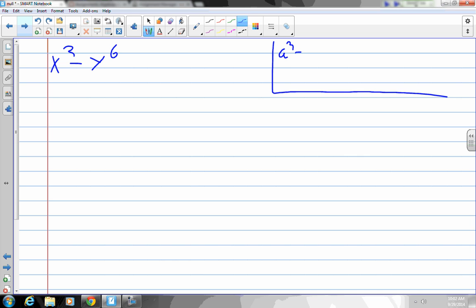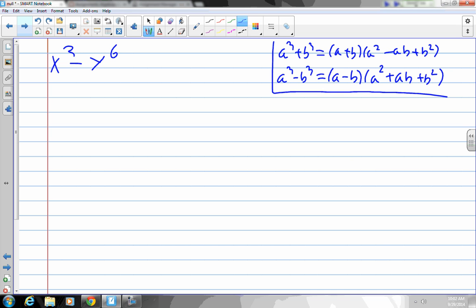I know they're in your notes, but it'll be easier for me to refer to them. So tell me, what is going to play the role of A and what is going to play the role of B in that formula? What is A right now? Just x. What is B? Just y? Because again, B is whatever's cubed.